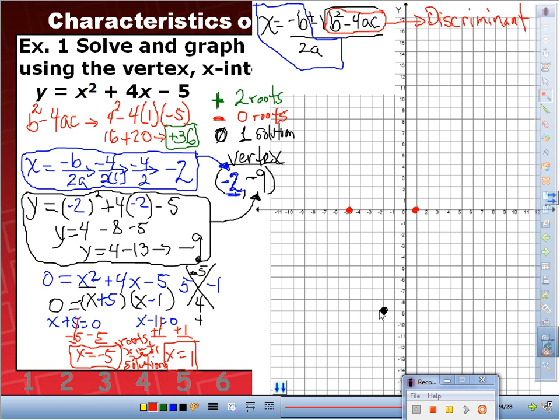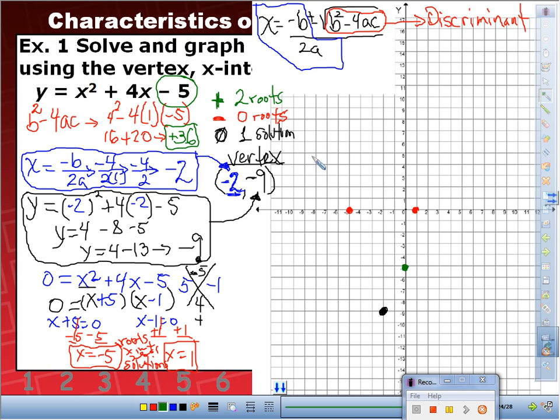Yes, there it is. What's our y-intercept? Look at your equation. What's y-intercept? What is it? -5. That goes right there. Bless you. Yeah, the y-intercept is the last part of the equation, right?